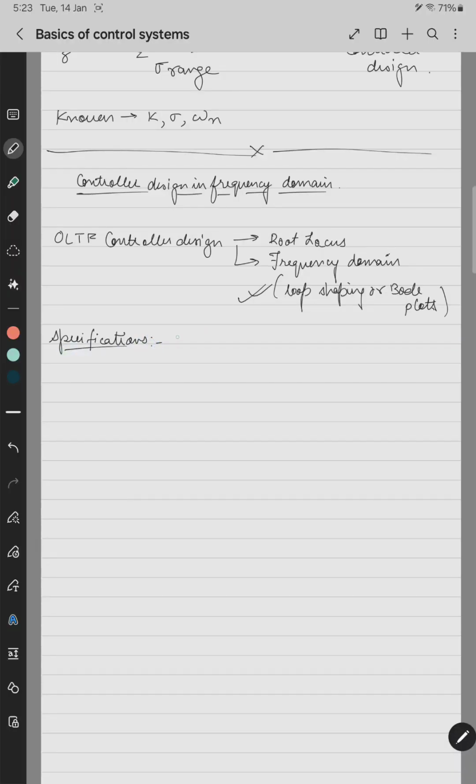The specifications of frequency domain analysis are, first, the margins: gain and phase margin. Gain margin is denoted by GM, either in decibels or in absolute scale, and phase margin is PM in degrees or radians. Second are the crossover frequencies.